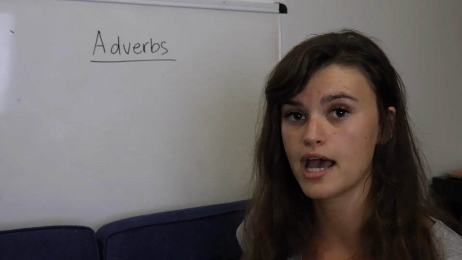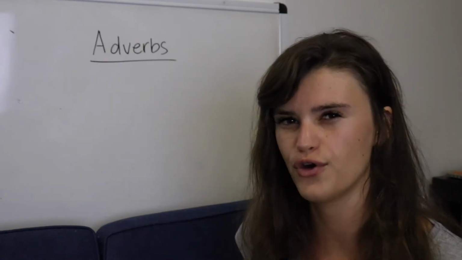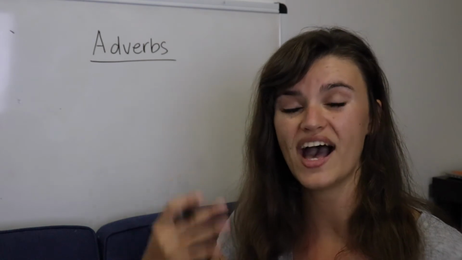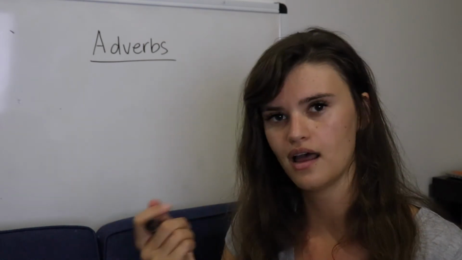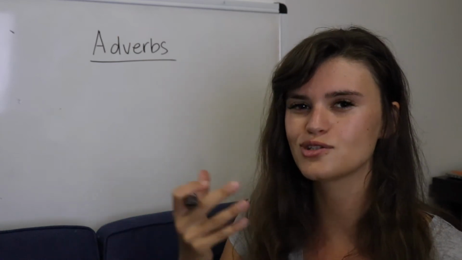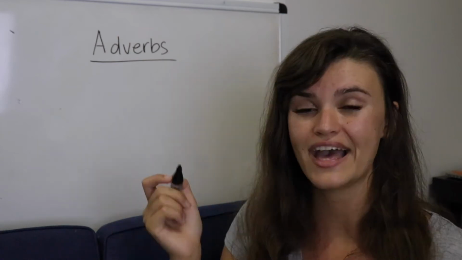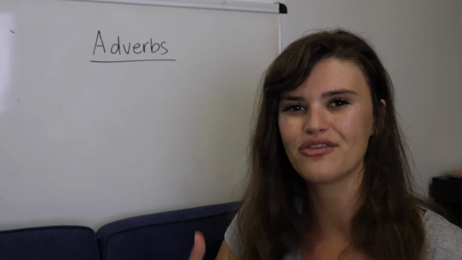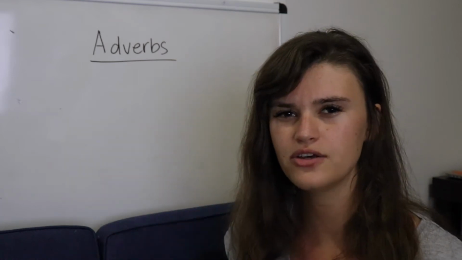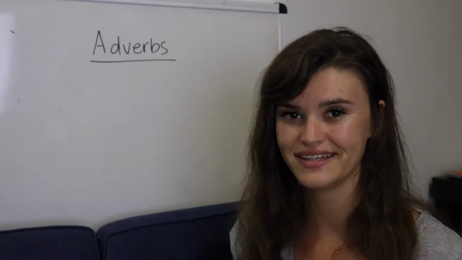And last, we have adverbs. Notice how it has the word verb in it. So adverbs describe verbs, like how adjectives describe nouns. Adverbs are going to tell us more about the verbs. Let's look at an example sentence.